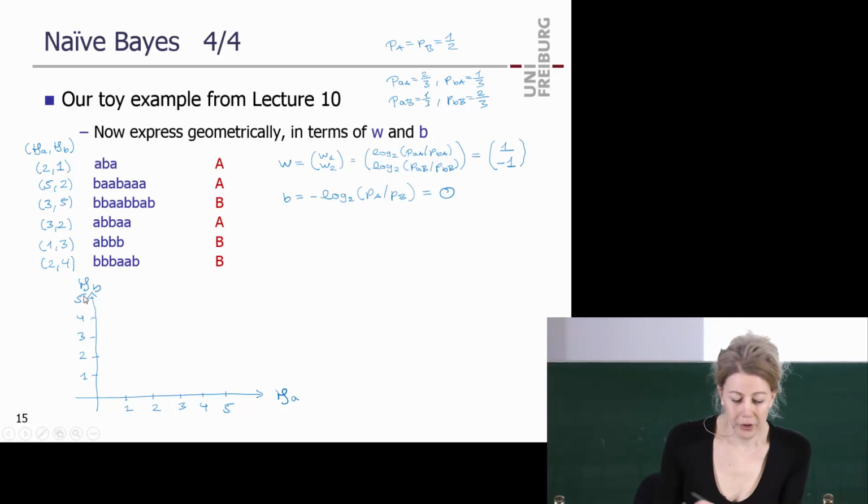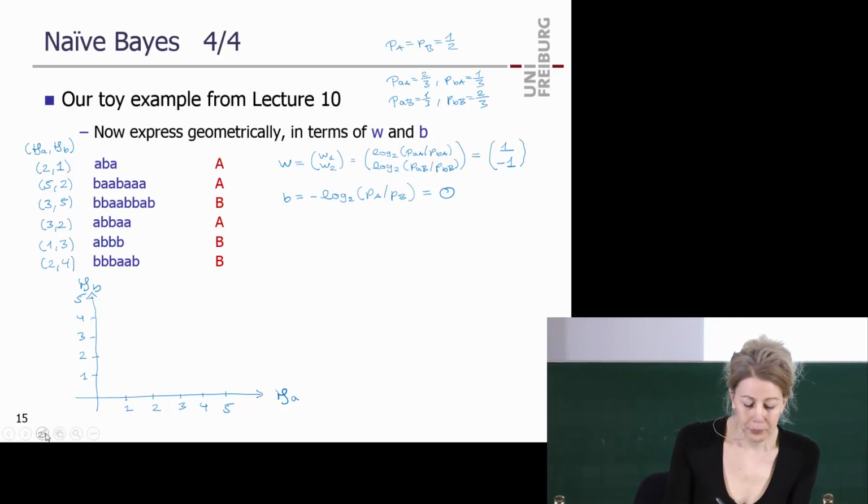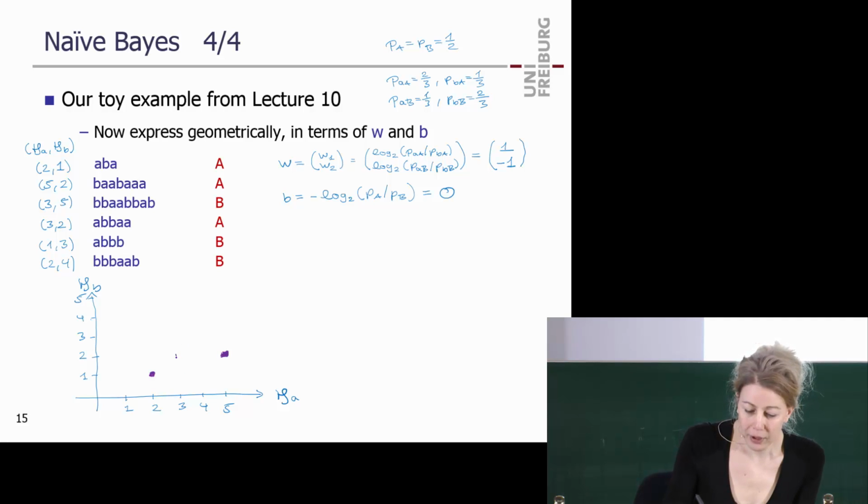So now let me draw, my A ones are 2, 1. Where is 2, 1? That's here. Let me first draw that's 5, 2, that's here. Yeah, those are A. And this one is 3, 2, that's here. Yeah. This is A, this is A, and this is A.